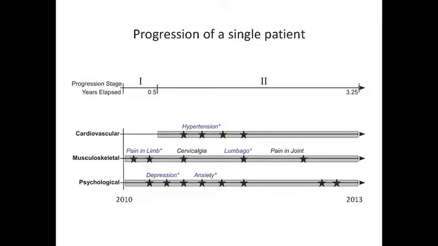One can infer when a patient started with each one of these comorbidities, and also, for the full 3-year time range that we have data for the patient, what stage the patient was in the disease at any one point in time. So this model infers that the patient starts out in stage 1, and about half a year through the data collection process transitions into stage 2 of COPD.